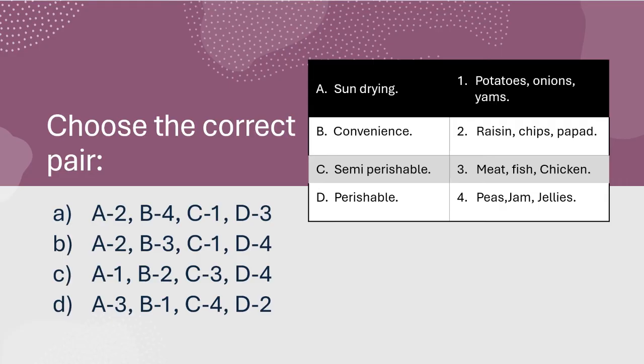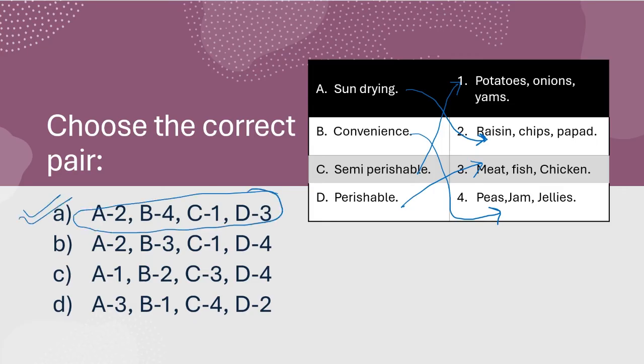So if we say sun drying, so raisin chips and papad, okay, here sun drying method is used to preserve them. Now convenience, peas, jam and jellies. Semi-perishable, potatoes, onions, yams are semi-perishable, whereas meat, fish and chicken are perishable, right? So the correct answer becomes this. A is the correct answer.